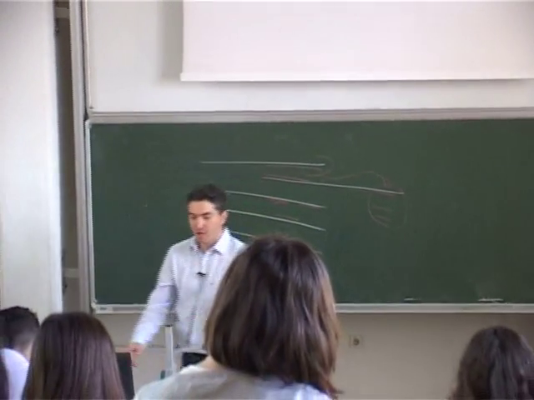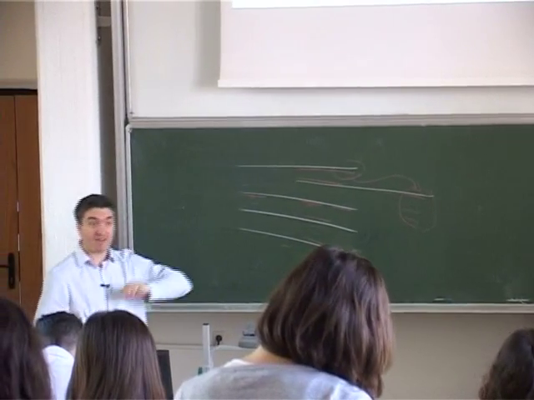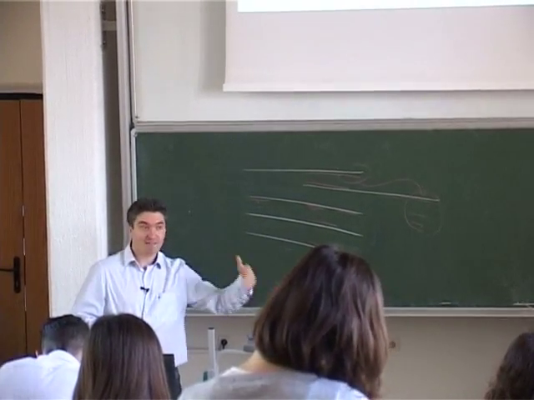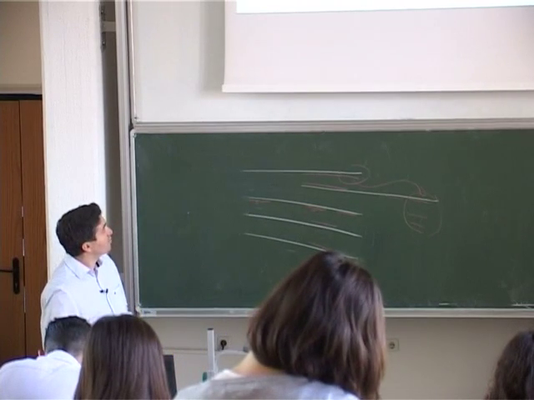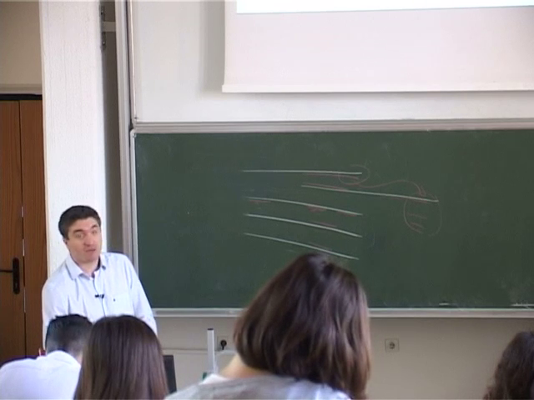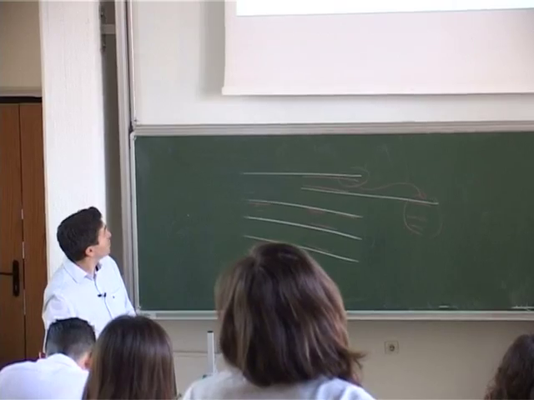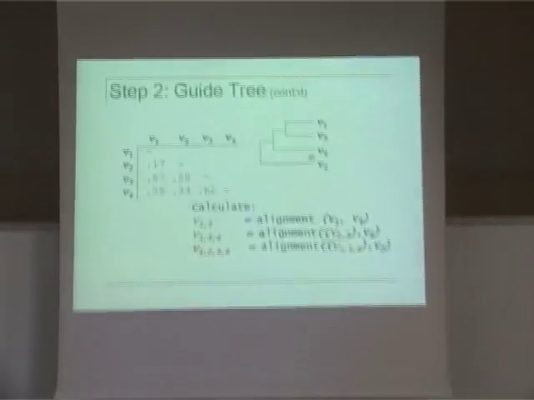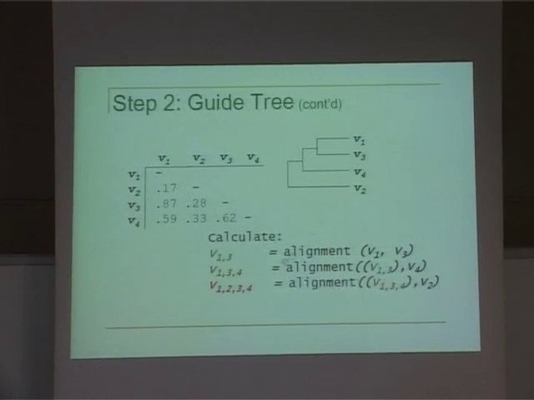Okay, after we have this V1, V3 aligned, we put their alignment to the set, and we check whether this alignment is close to the other ones as well. But the guide tree does not do that, because this tree is built from these n-square alignments, and after we have this tree, we do not do any intermediate alignments during this step.